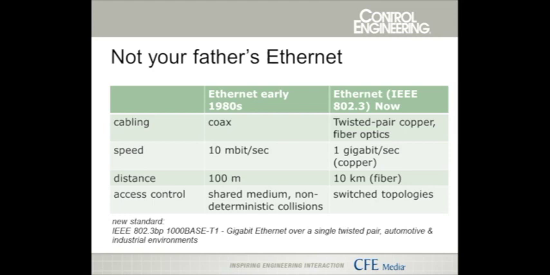And now there's even a new standard that is gigabit Ethernet adapted to industrial applications and the automotive environment. And the only reason this is possible is that the return on investment from the early applications is feeding the investment in the new application.